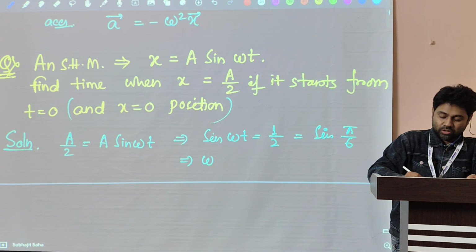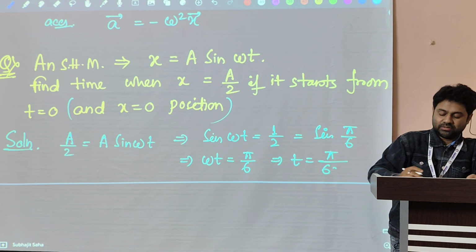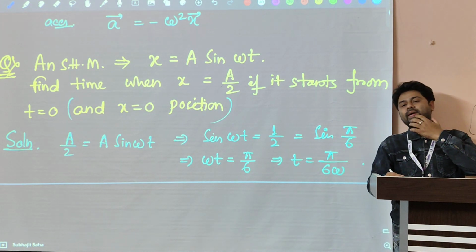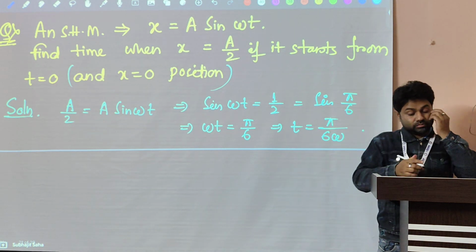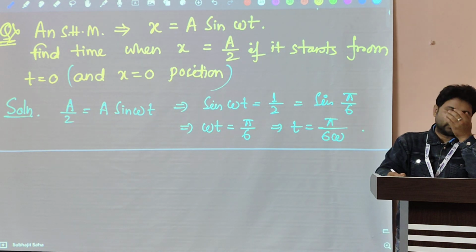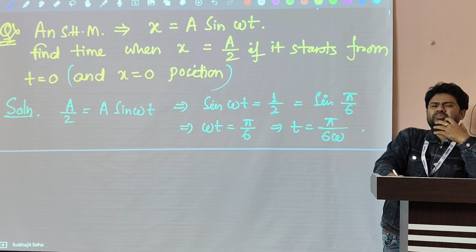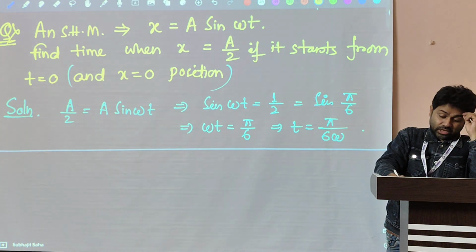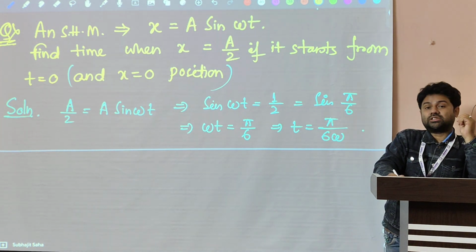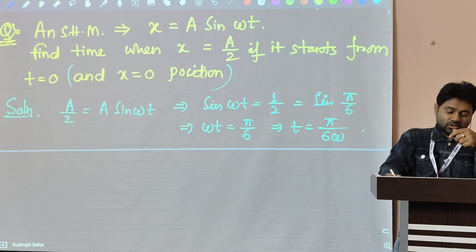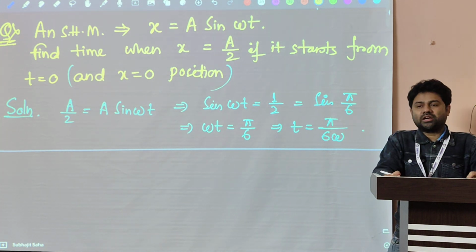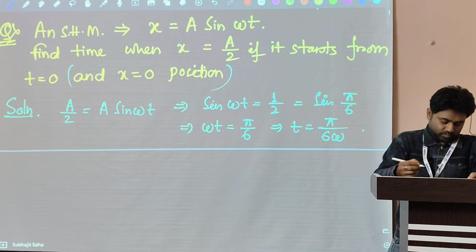So omega t will be equal to pi by 6 and t equal to pi by 6 omega. After this time, displacement of the particle will be half the amplitude.